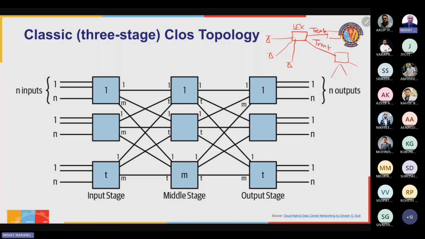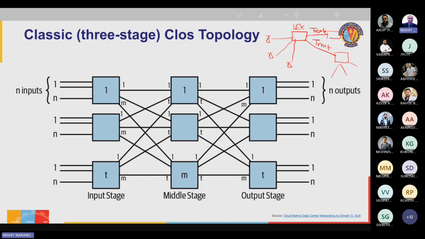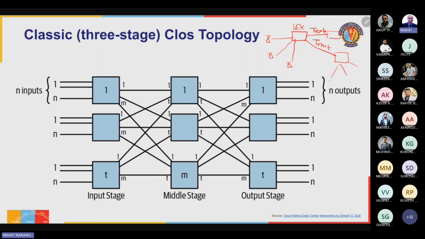That's how the circuit switch network architecture at an abstract level looks. Now, the intent of the classic Clos topology was to create a circuit switch network where any telephone in any part of the network could always create a dedicated circuit, or get resources to a destination telephone all the time.